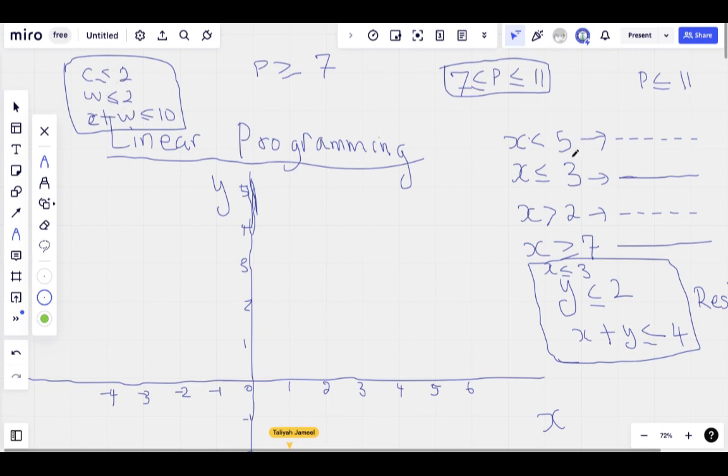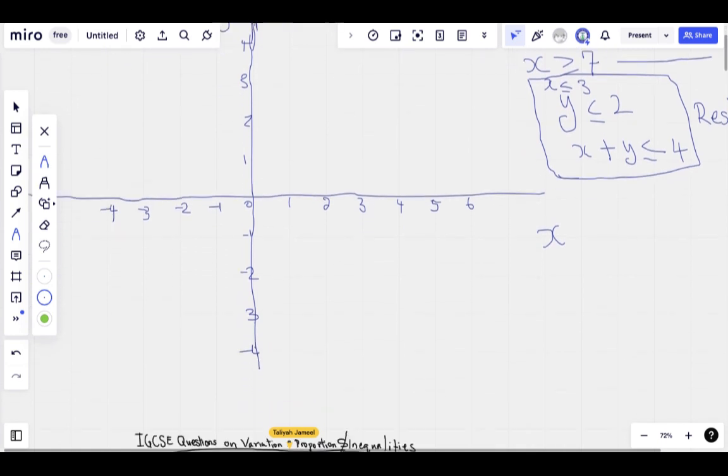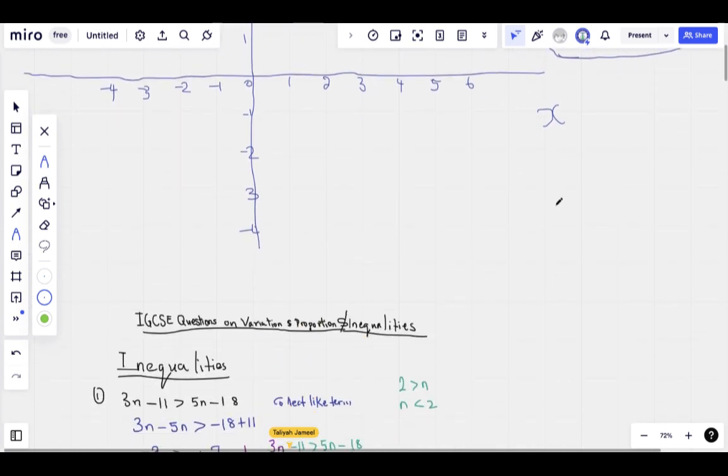So first of all, we must know how to translate statements into inequality. We can translate statements into inequality by understanding that maximum means lesser or equal to. Maximum number of players, it represents lesser than or equal to. When we say minimum, in inequality it is greater than or equal to.